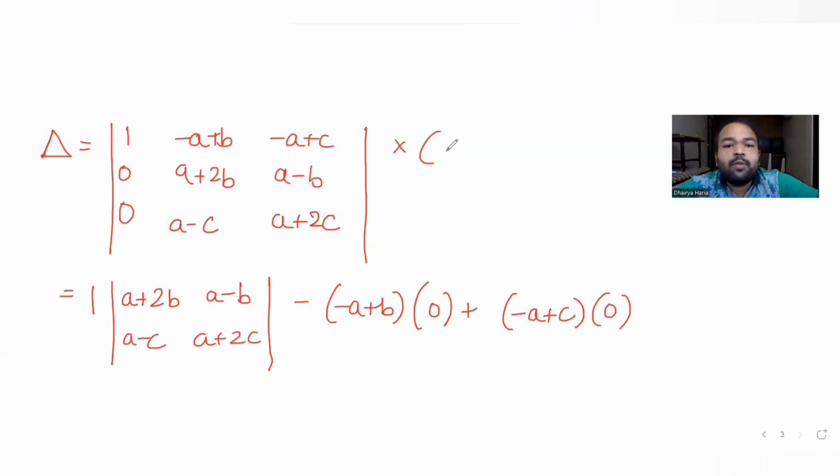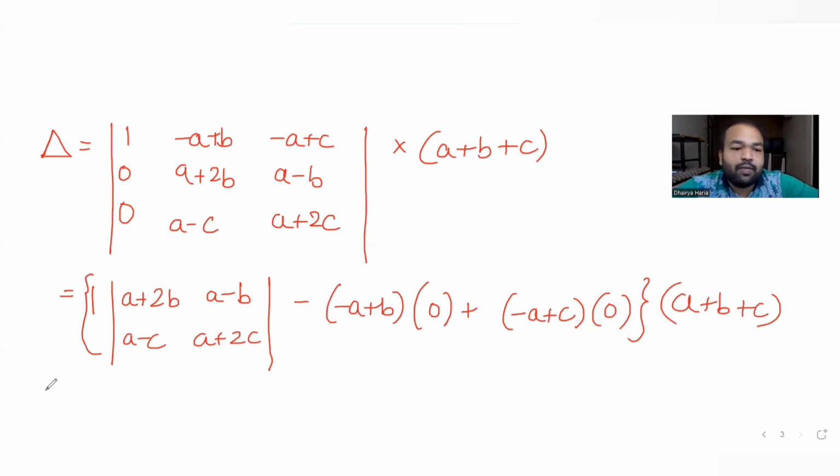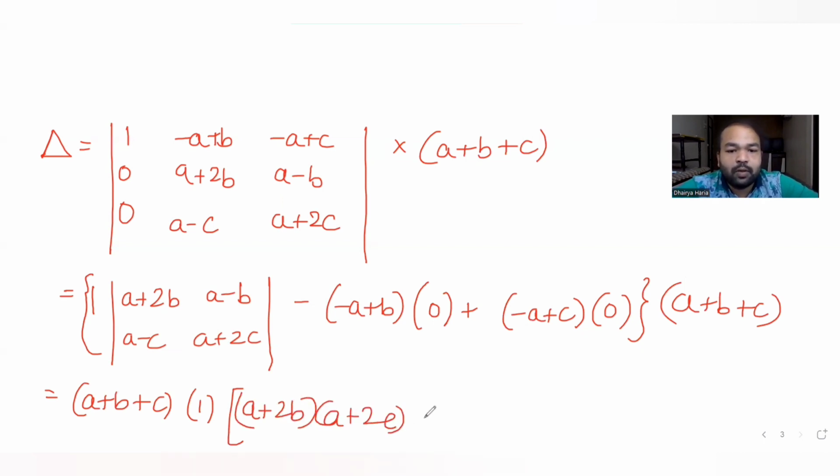And this entire determinant was previously multiplied with a plus b plus c. So if I multiply the entire term with a plus b plus c, let's see what we get. The first term we already have, a plus b plus c. Further, if I solve this, I get 1 into a plus 2b, a plus 2c, and minus a minus b into a minus c.